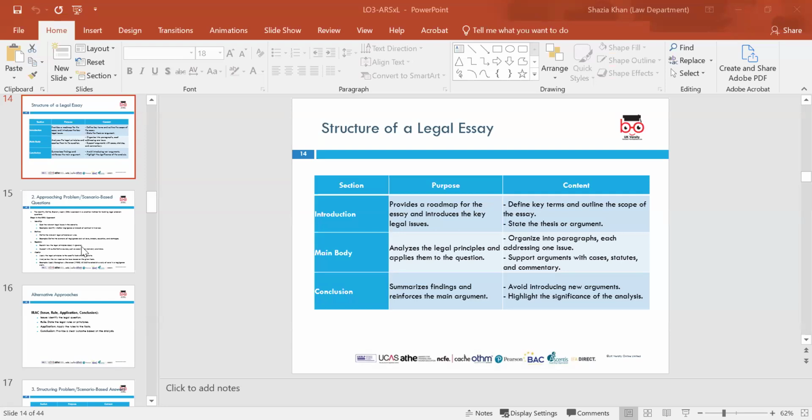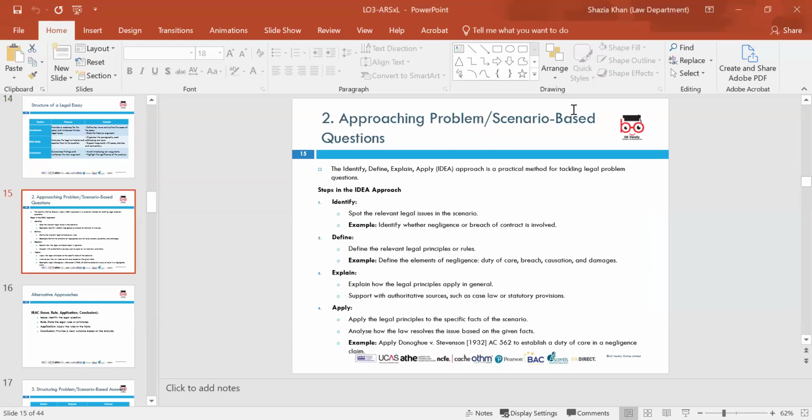Approaching problem-based questions, especially within law, the most effective approach is the IDEA approach, which is used for identifying, defining, explaining, and applying.